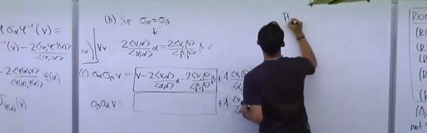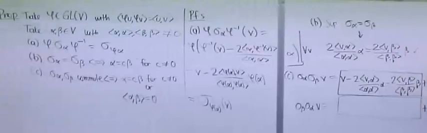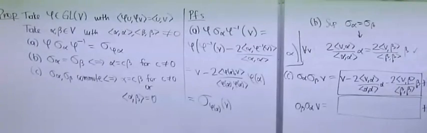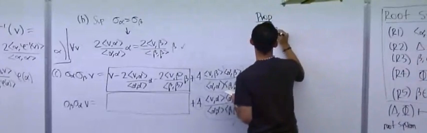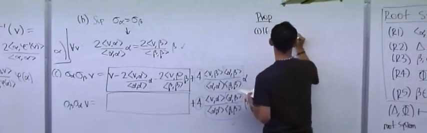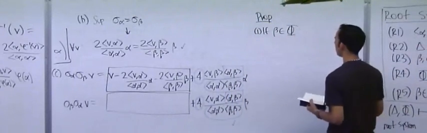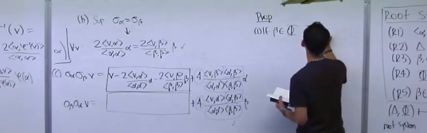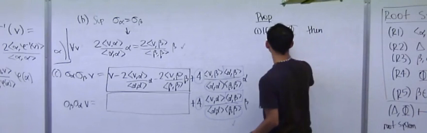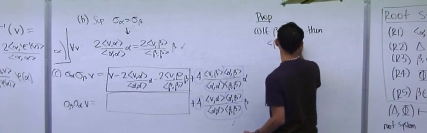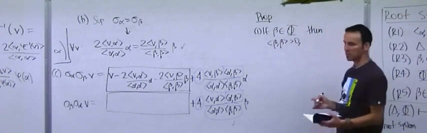Okay. So here's some things about the root system. Let's say that you take a root beta, then we're going to show a bunch of things. First of all, that its inner product with itself is positive.